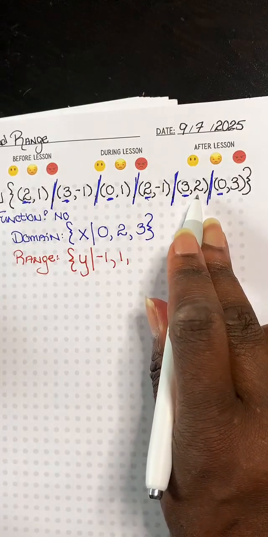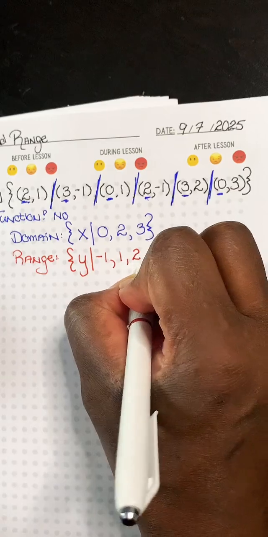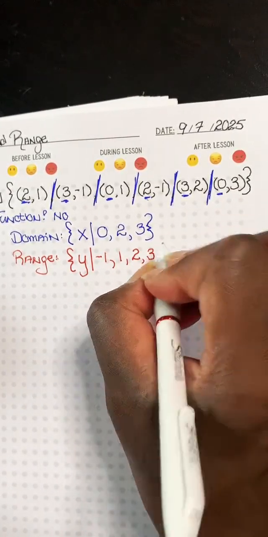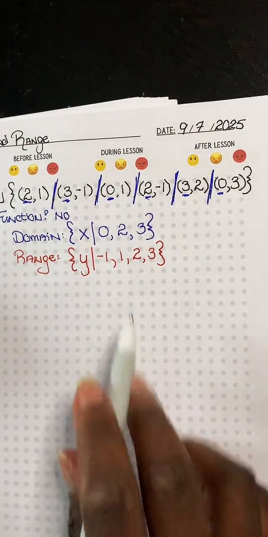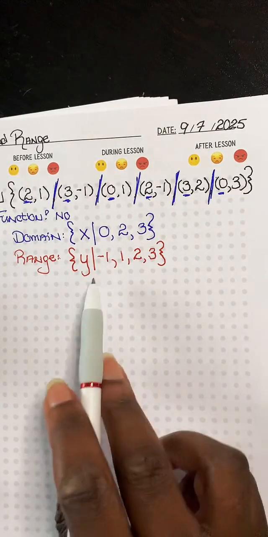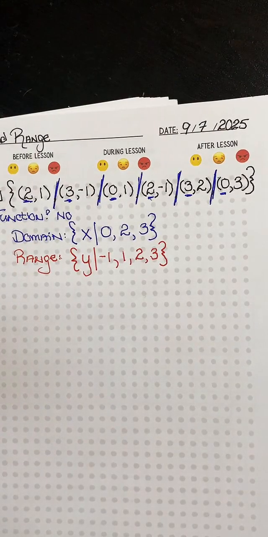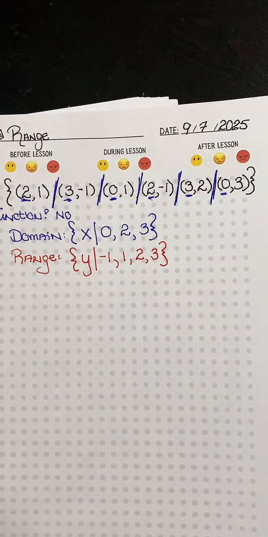We have 1, 2, as well as we have 1, 3. Okay, so if it repeats, we only have to write it down once. But it would be nice to put it in numerical order, starting from lowest to the highest. Okay, good.